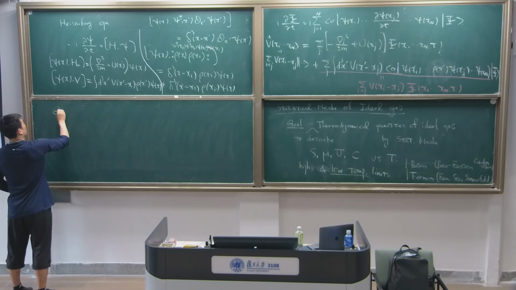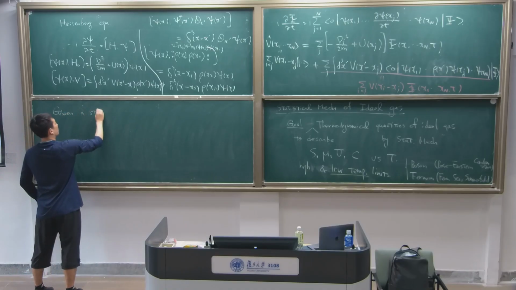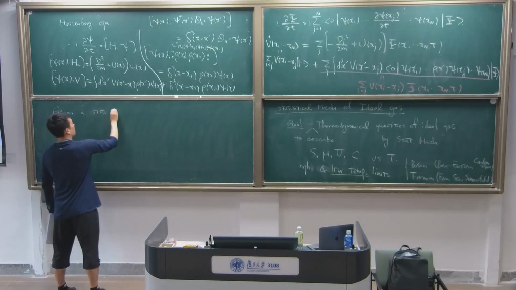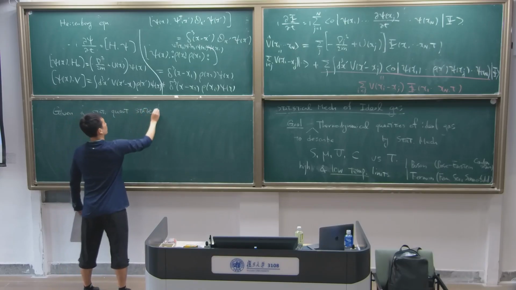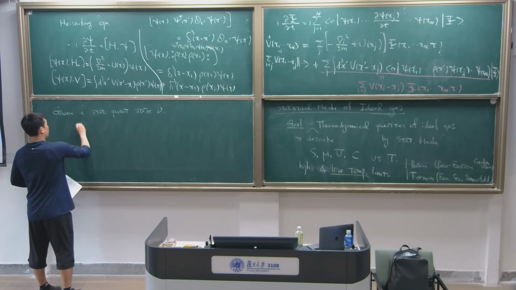Okay, given the statistical state, or many-body state, or whatever, the quantum state, we can have a number.